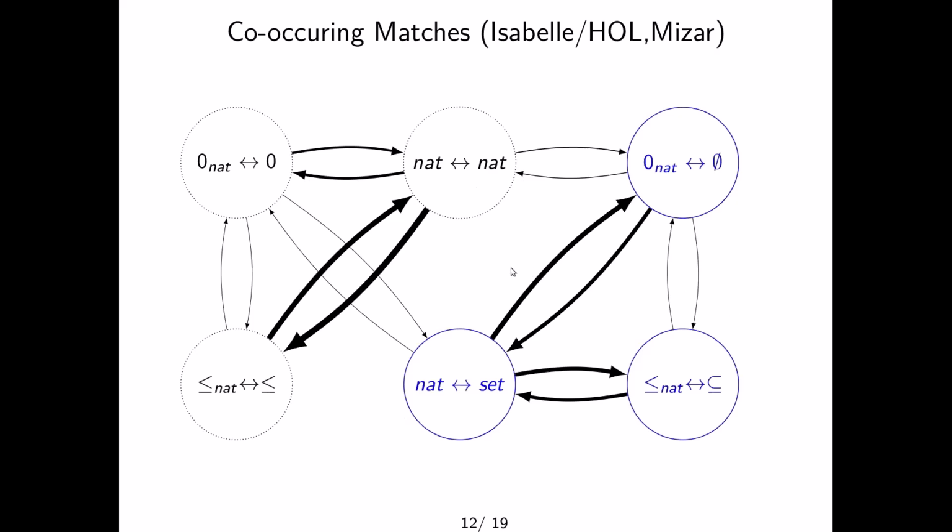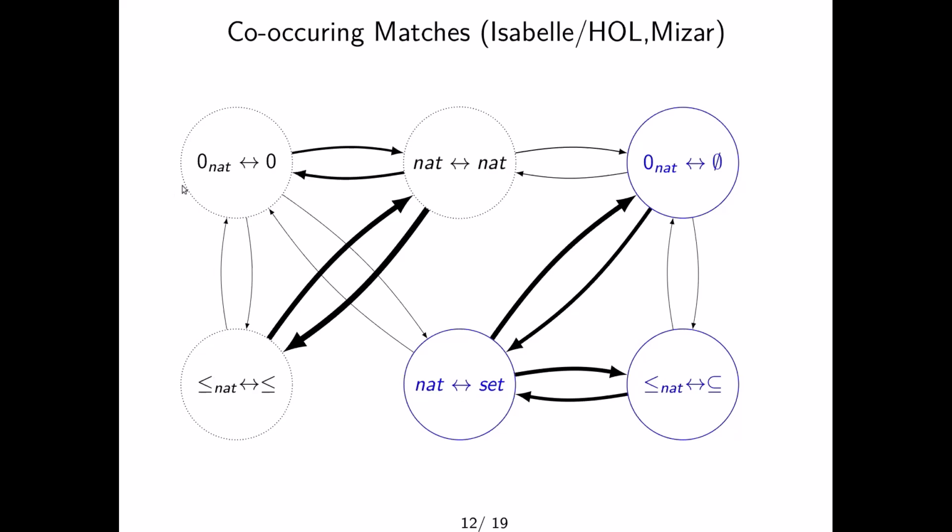So yeah, there are multiple possible mappings, and more importantly, the same idea applies as before. If you think that 0 is similar to the empty set, then it should make you believe that the natural numbers are similar to sets.